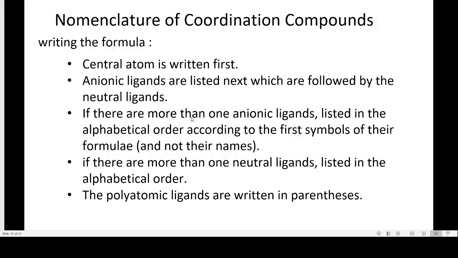If more than one anionic ligand is present, alphabetical order is followed. If more than one neutral ligand is present, then also alphabetical order is followed. And if polyatomic ligands are present, they are written in parentheses.